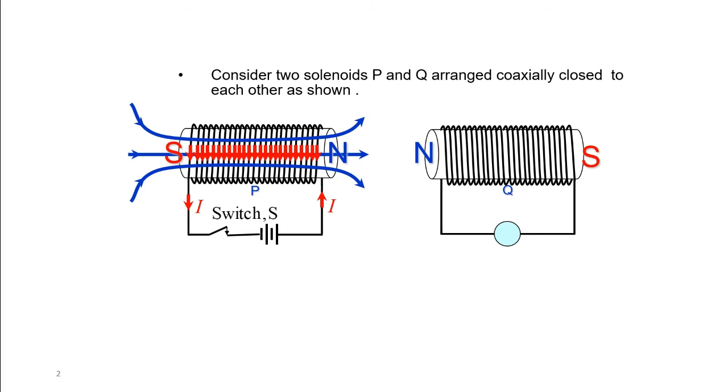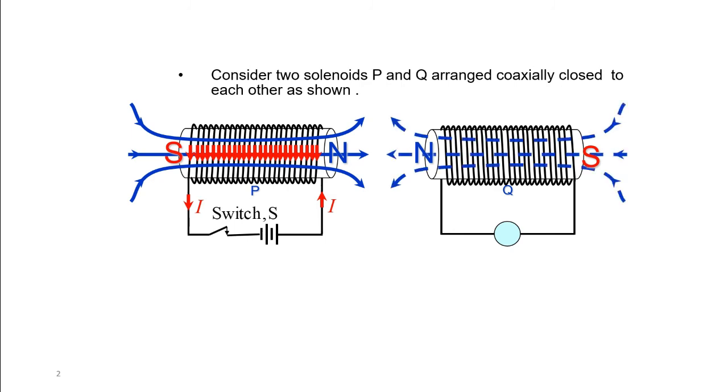According to Faraday's law, an induced current due to induced EMF will exist in solenoid Q. The induced current flowing in solenoid Q must produce a magnetic field that opposes the change producing it, which is the increasing flux. Hence, based on Lenz's law, the induced current must flow in the direction that will oppose the rise of flux from solenoid P by producing a north pole on the left side and a south pole on the right side of solenoid Q.